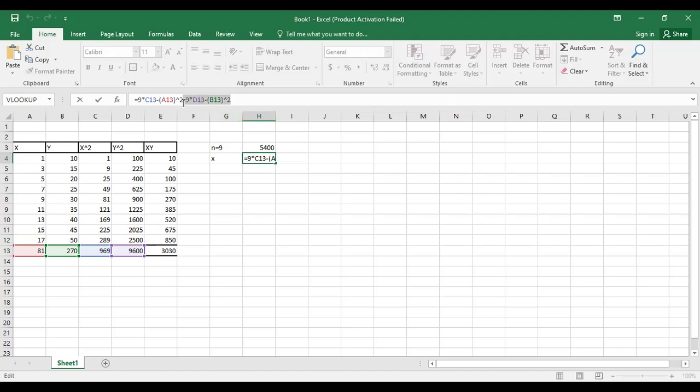Okay, let me do it. Let's find them separately, as I initially stated. So the x component is this, and then this is the y component.